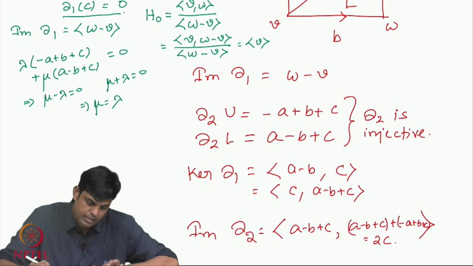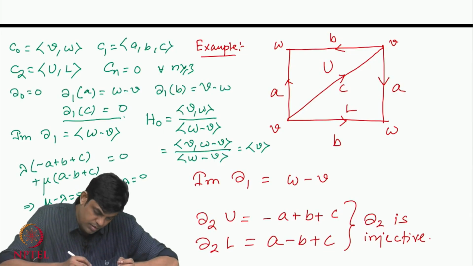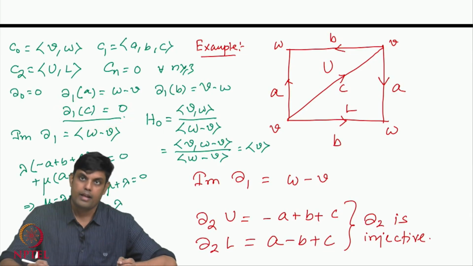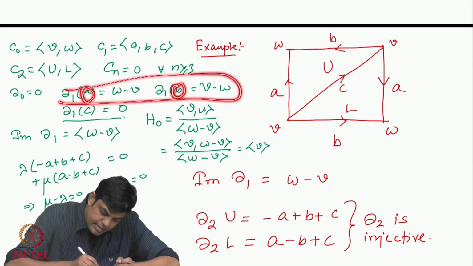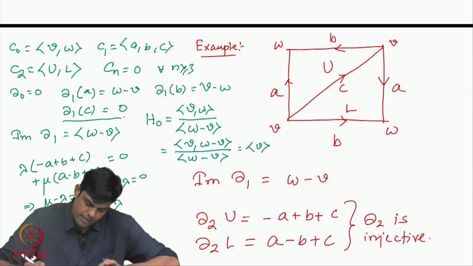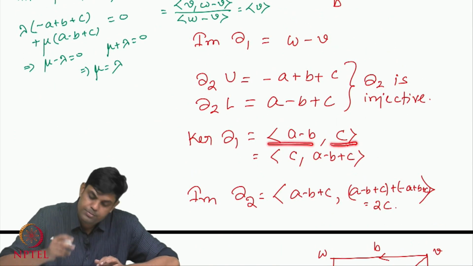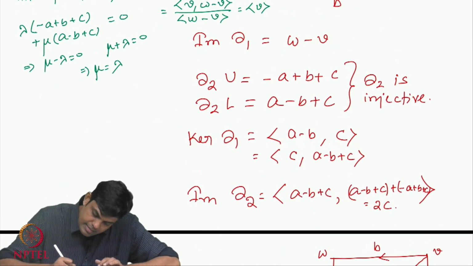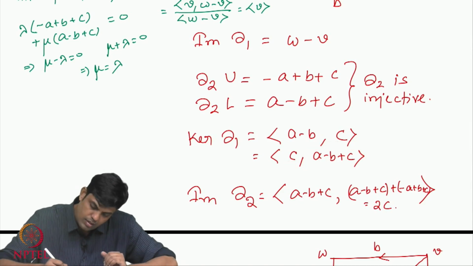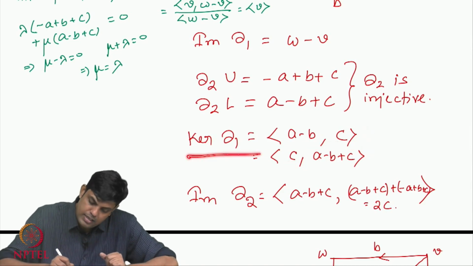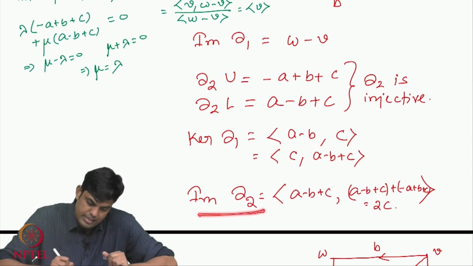So if you look at kernel of delta 1, first of all, C goes to 0, delta 1 of C is equal to 0. Okay. And then secondly, if I look at A minus B, that under delta 1 is going to 0. Okay. So therefore kernel of delta 1 is generated by A minus B and C, which I can write as generated by C and A minus B plus C, it is the same thing.